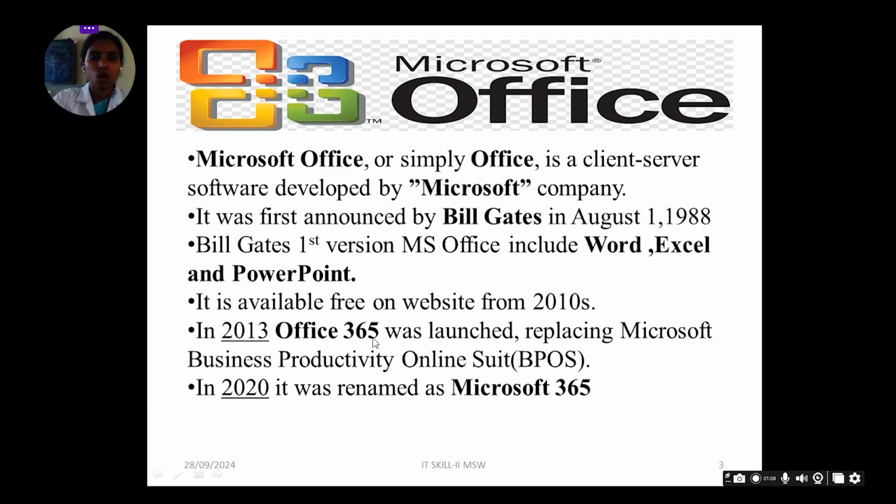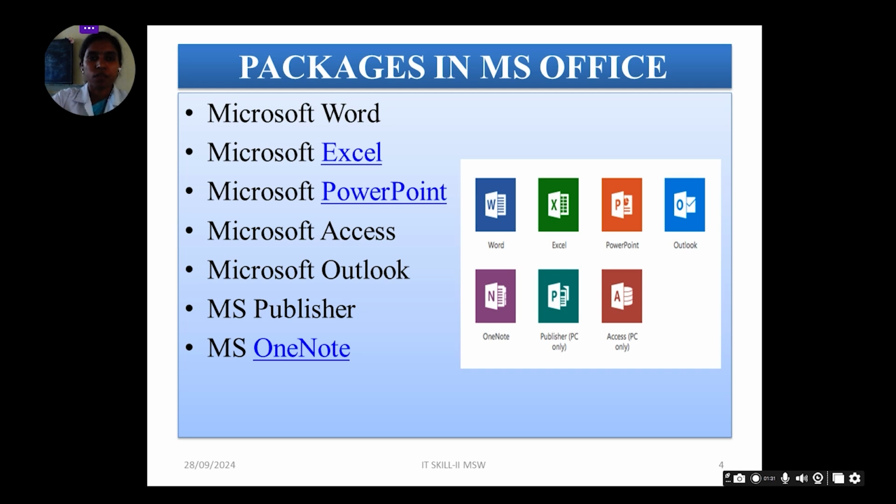In 2013 Office 365 was launched, replacing the business BPOS, Business Productivity Online Suite. In 2020 it was renamed Microsoft 365, and now Microsoft 365 plays a major role among Microsoft Office.